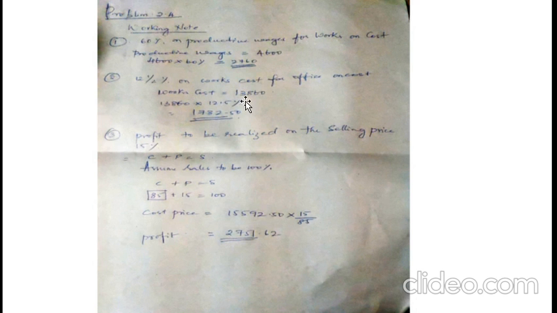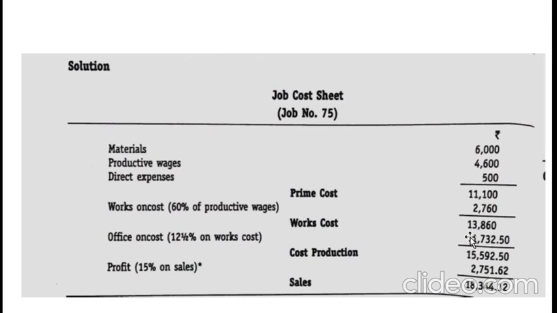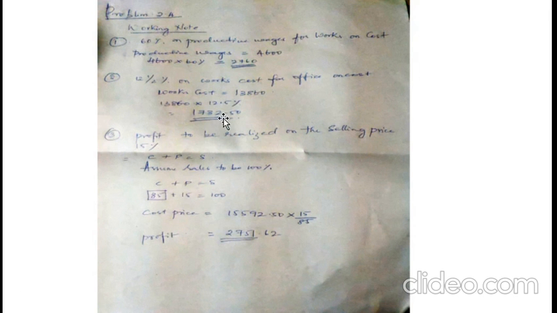So here the calculation is 12.5% on works cost for your office cost. What is your total works cost as per the calculation? What you have got is 13,860. So 13,860 into 12.5%, you will be getting 1,732.5.